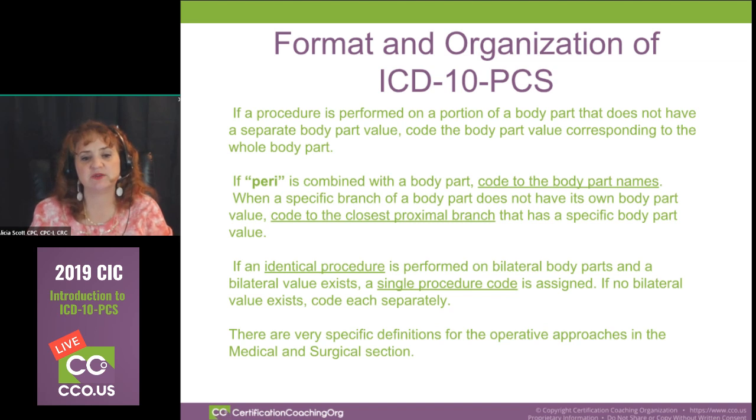Let's say you're doing an identical procedure bilaterally. How do you code that in PCS? Well, if it states that it has a bilateral value, then you just have to do the code once, because it'll state that we're doing both sides. But if there isn't a bilateral option, then you have to code each separately.